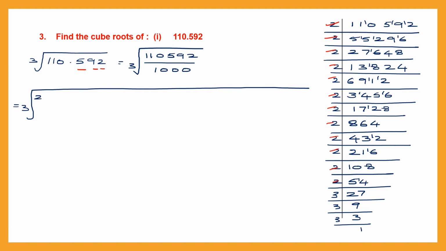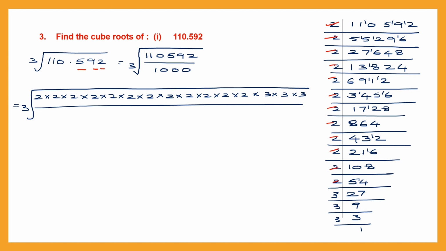And then we have 3 3's also. In the denominator we have 1000 and we know that 10 into 10 into 10 will give us 1000.